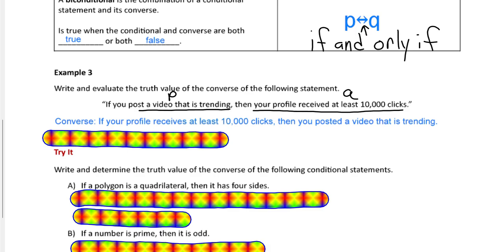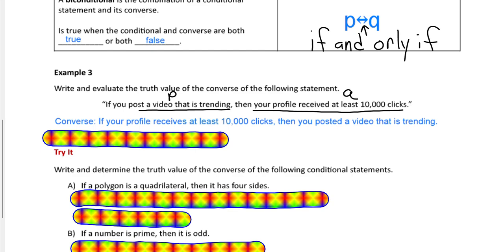So for the converse, we switch around those two statements, and we are not switching the words if. The if is still at the beginning, and the then is still in the middle. We just switch around the hypothesis part and the conclusion. And remember, the hypothesis doesn't include the word if, and the conclusion doesn't include the word then. So if your profile receives at least 10,000 clicks, then you posted a video that is trending.